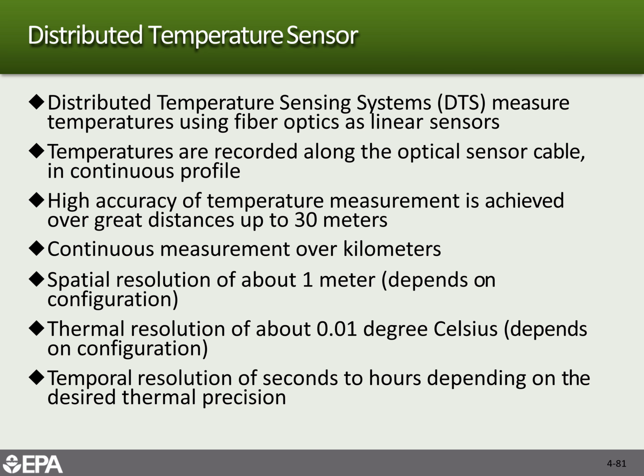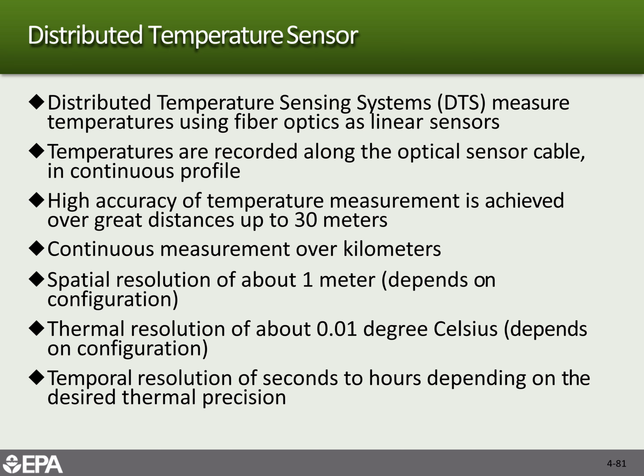So a distributed temperature sensor uses fiber optic cables that are laid out over great distances, up to 30 meters in length. Anyway, there are quite a number of configurations.